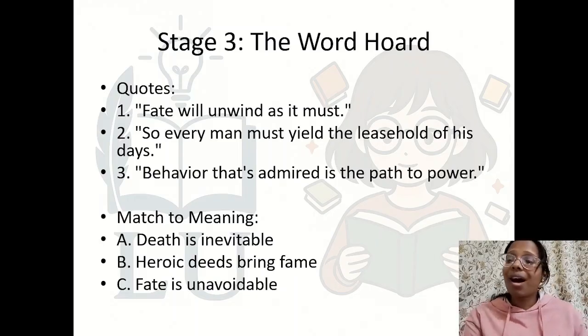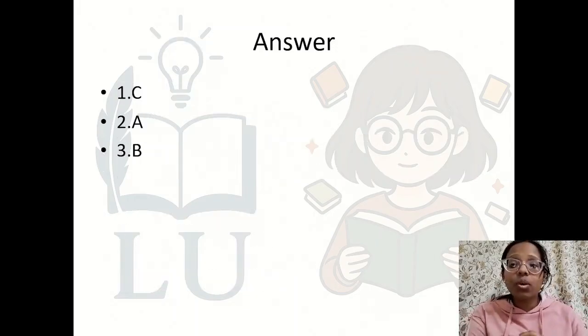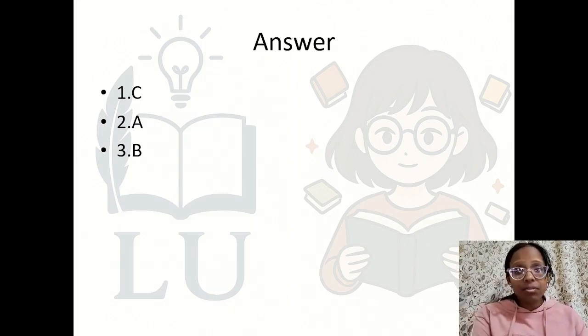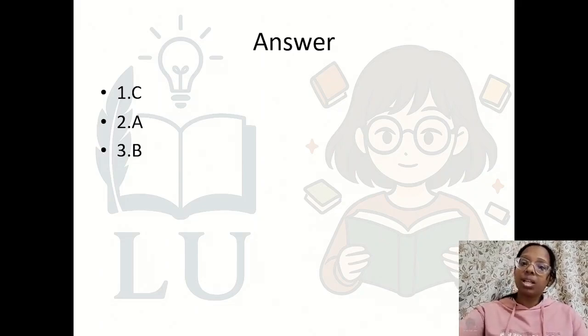So, if you have answered it as "fate will unwind as it must," then C, meaning fate is unavoidable. And if you have answered for the second quote as "so every man must yield the leash hold of his days," death is inevitable, then you are absolutely correct.